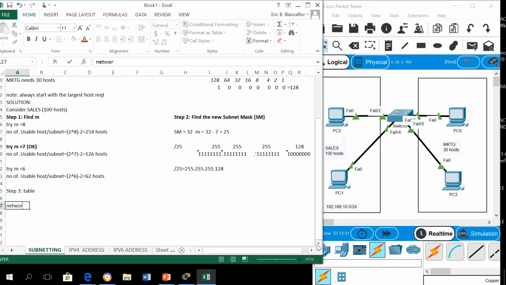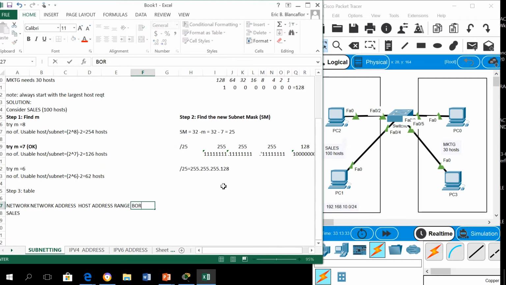In a given network, like in this case sales, we need to find out its network address, its host address range, and its broadcast address.